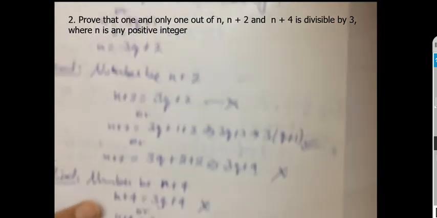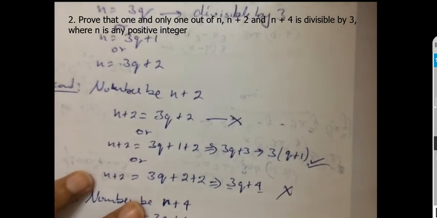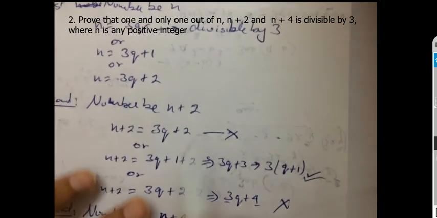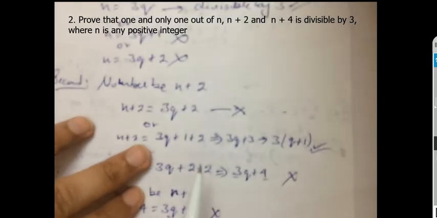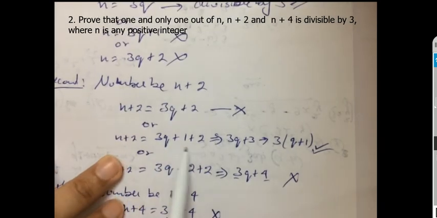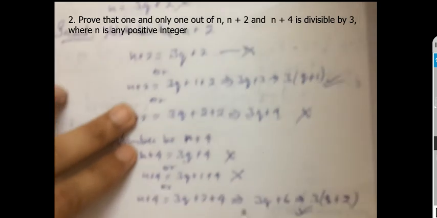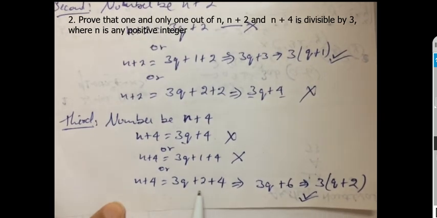Now, if you see over here, in the first case, one equation is divisible and the other two are not. In the second case, the second equation is divisible, the rest two are not. In the third case, only the third one is divisible, the rest two are not.